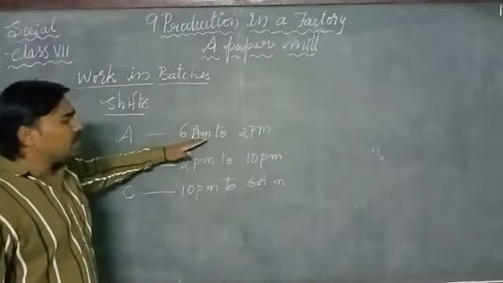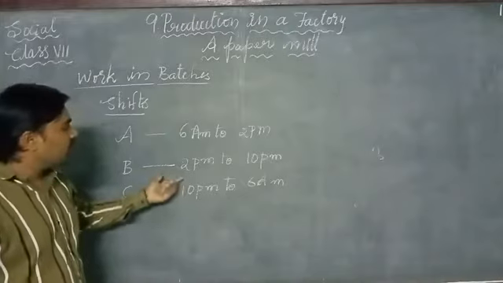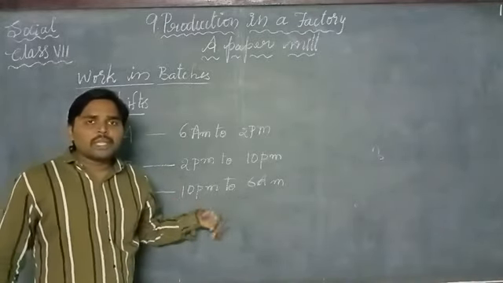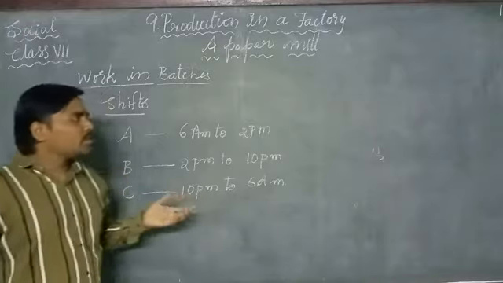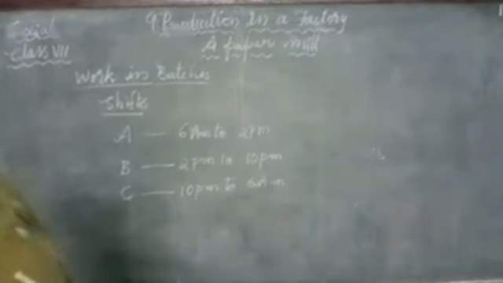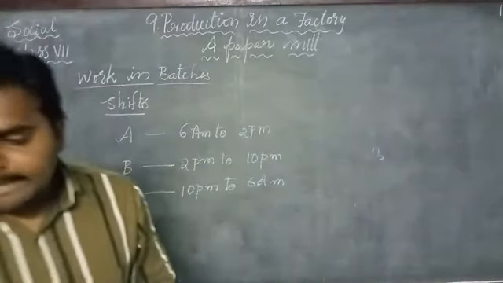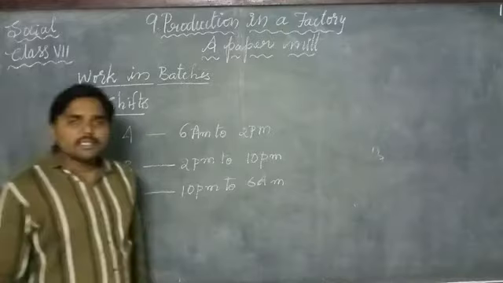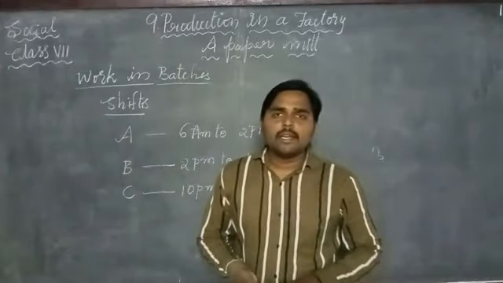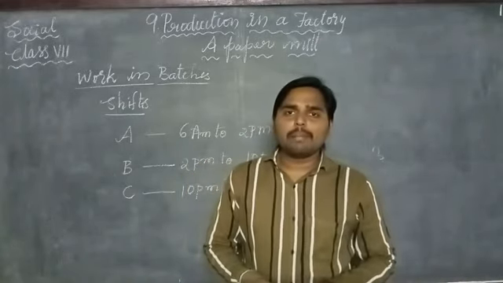Then the next week they would be shifted to the second shift, and the third week to the night shift. In this way, the rotating shifting system is also followed in paper mills. And this is about the batch system and the shifting system of employees or workers in the paper factory.